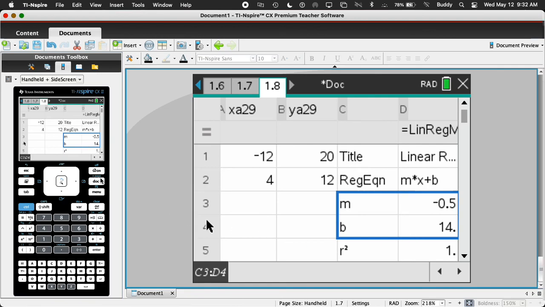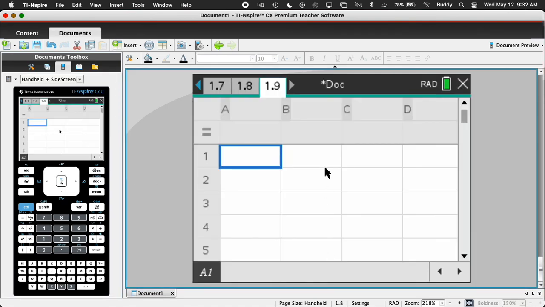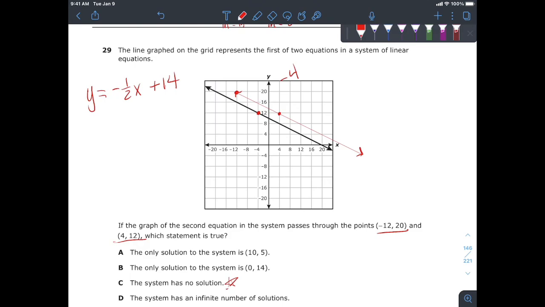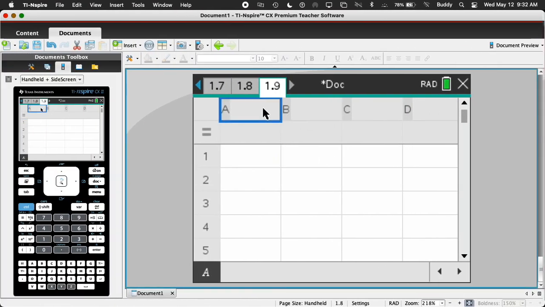Okay. So I'll go ahead and I'll run a regression on the second one as well. Let's go ahead and find some points that go exactly through the corners of the boxes. Here's one at negative 4, comma 12. And over here at 12, comma 4. So I'll go ahead and put these in. These are my x's from line B on number 29, my y's from line B on number 29.